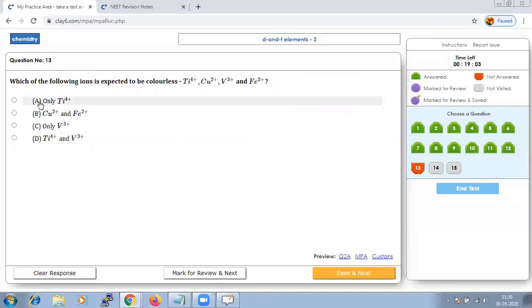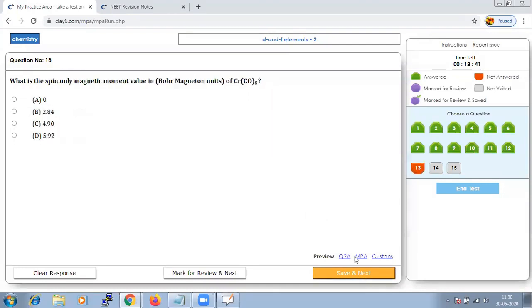So the option Ti4+ will be the answer. Do the electronic configuration and check how many unpaired electrons it has. If it has unpaired electrons, it will be colored, and if not, it will be colorless. Let us save that and go to next.